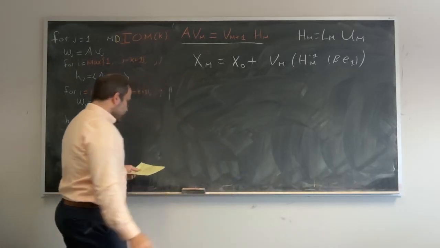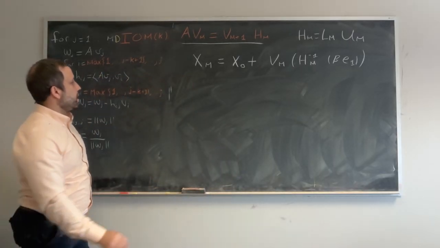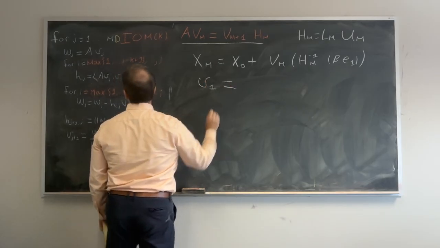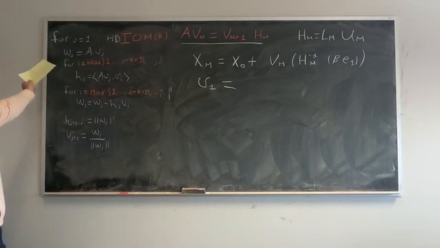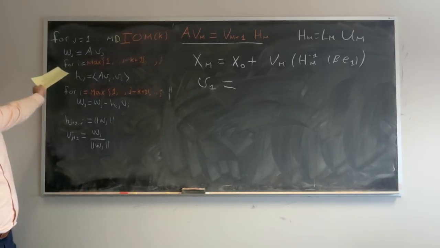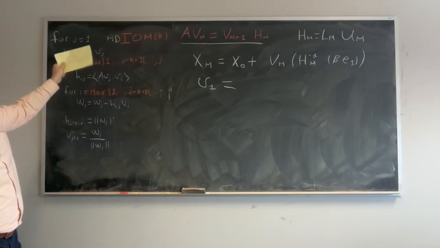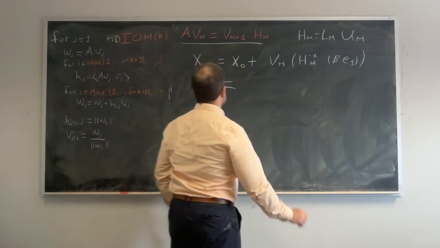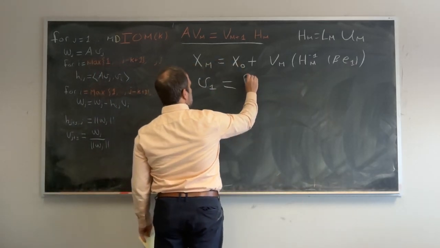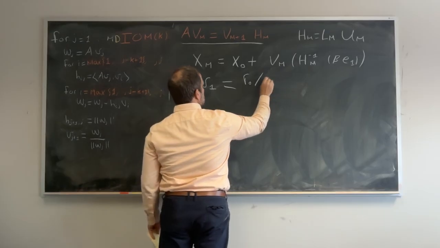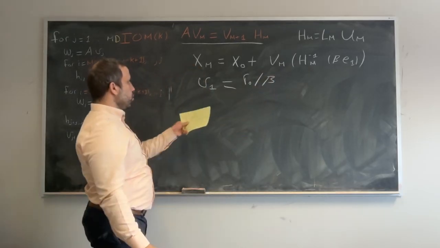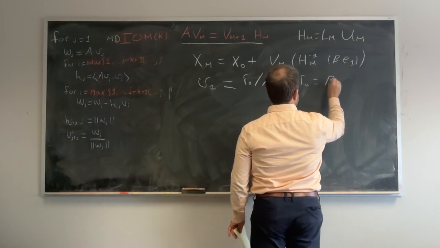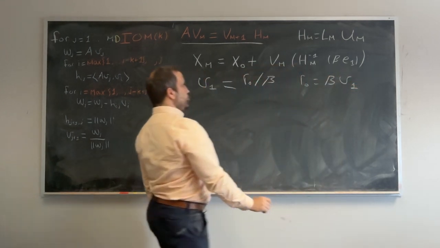Okay, so first of all, let me remind you how we make V1. I don't even have it here in the main loop, but it's just equal to the residual r0 divided by the magnitude of r0. But the magnitude of r0 is just beta. So V1 is equal to the zeroth residual divided by beta, or we could say r0 is equal to beta V1.